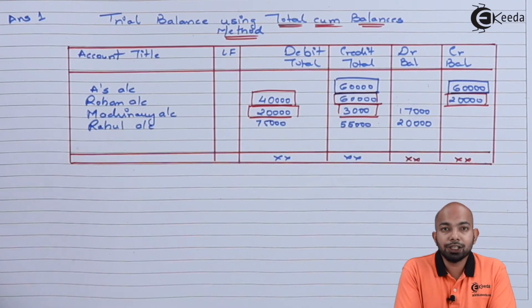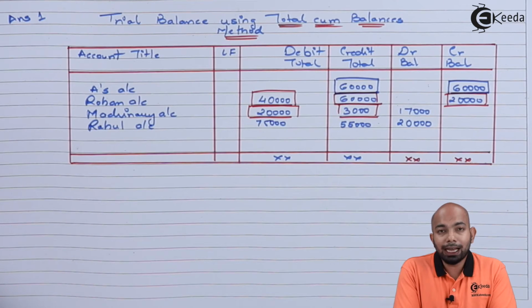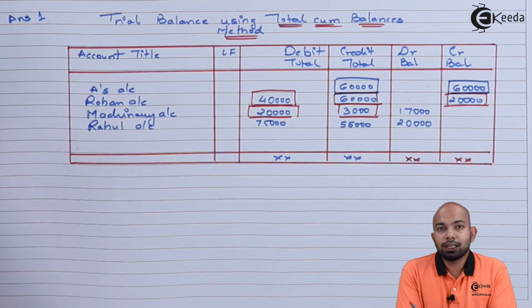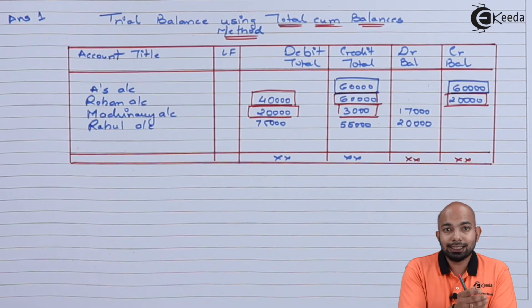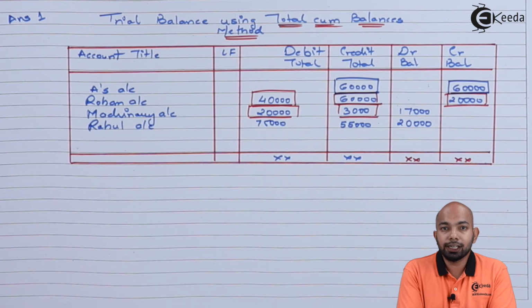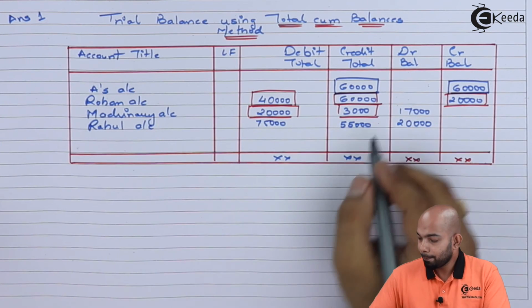If you can see, we have mentioned these totals here, and the balance, that is 20,000 minus 3,000, that is 17,000, has been mentioned on the debit side, because if 20,000 is the debit side total and 3,000 is the credit side total, the balance comes on the debit side, which is 17,000, that will be carried forward in the next year on the debit side, and hence that same balance has been mentioned on the debit side under this category.